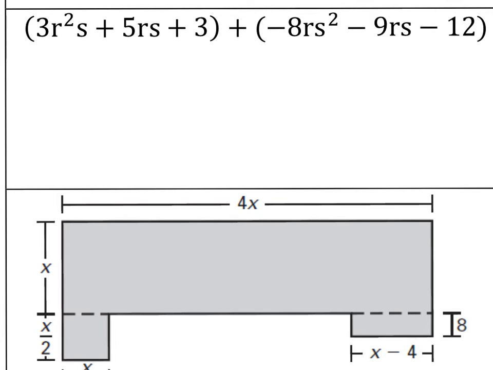Okay, and for this example, we don't have to distribute. We can go ahead and combine like terms. So we have plus 5rs and -9rs, and we have our constant terms, +3 and -12, and everything else.